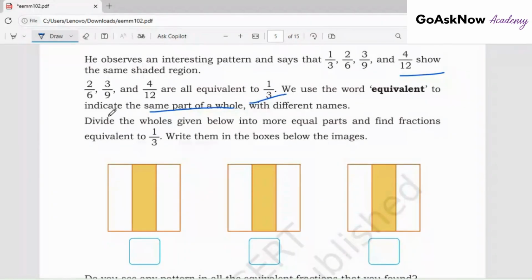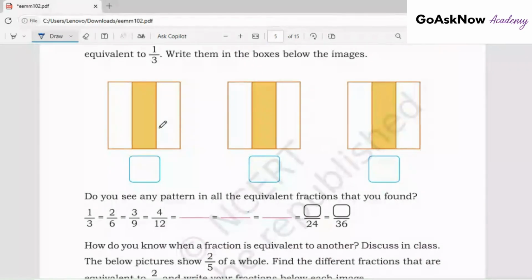As shown earlier, we use the word equivalent to indicate the same part of a whole with different names. Divide the whole given below into more equal parts and find the fractions equivalent to 1 by 3. Write them in the boxes below the image. Here, first 1 by 3 is given.